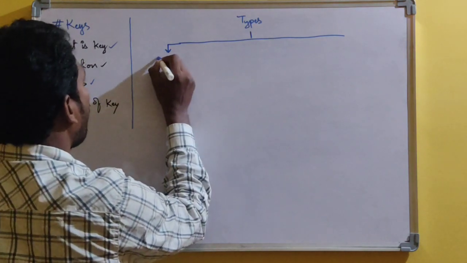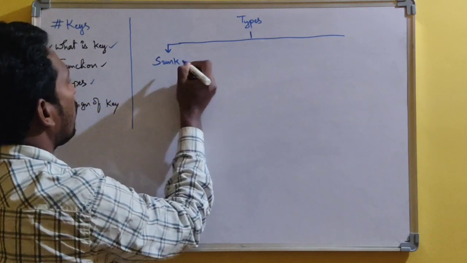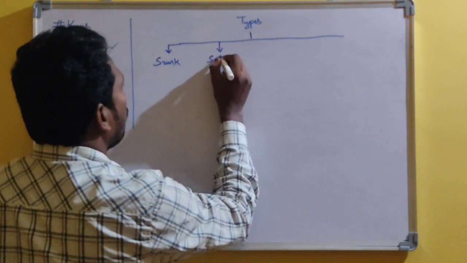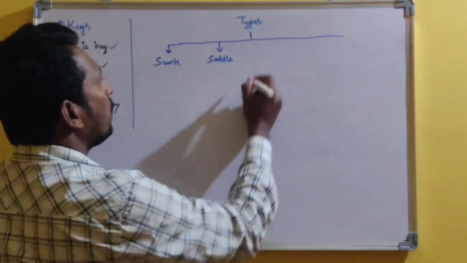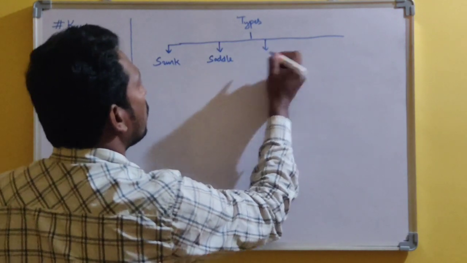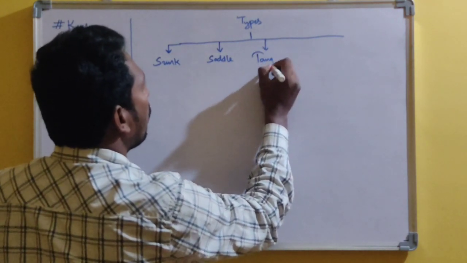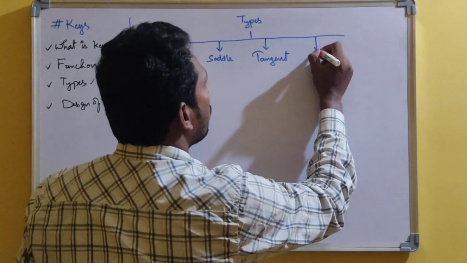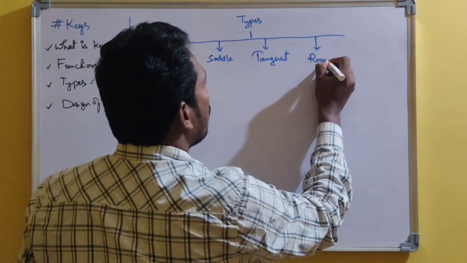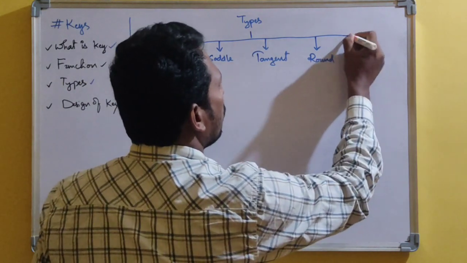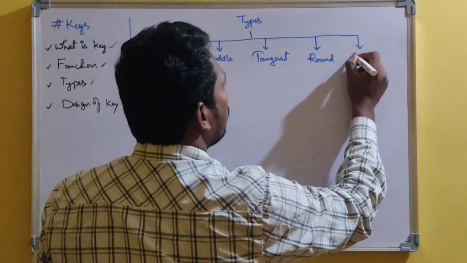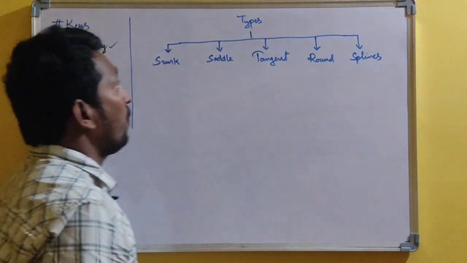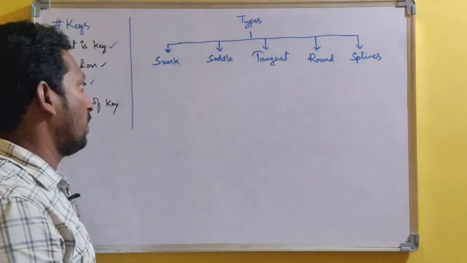The first one is the sunk key, the second one is the saddle key, the third one is the tangent key, the fourth one is the round key, and the last one is splines. So these are the various classifications of keys.